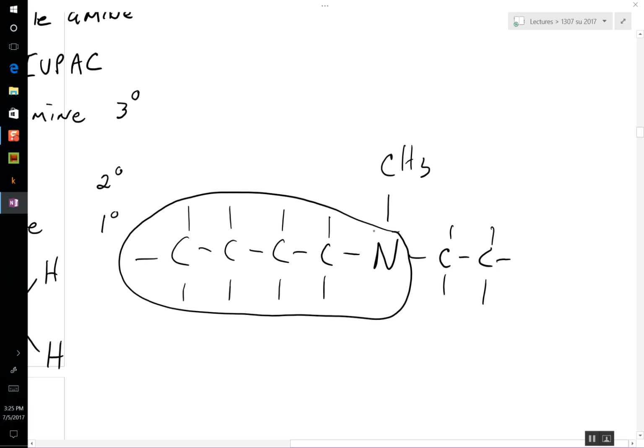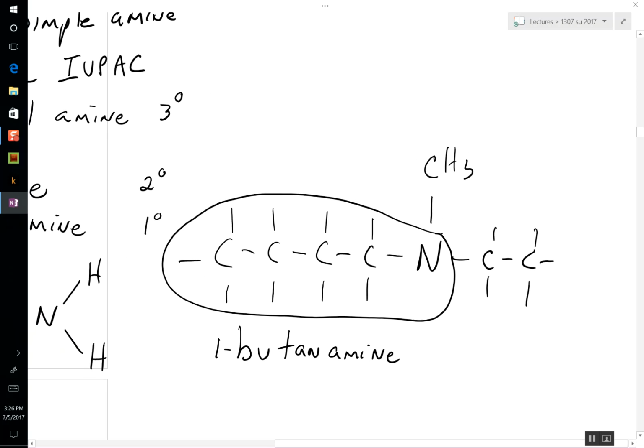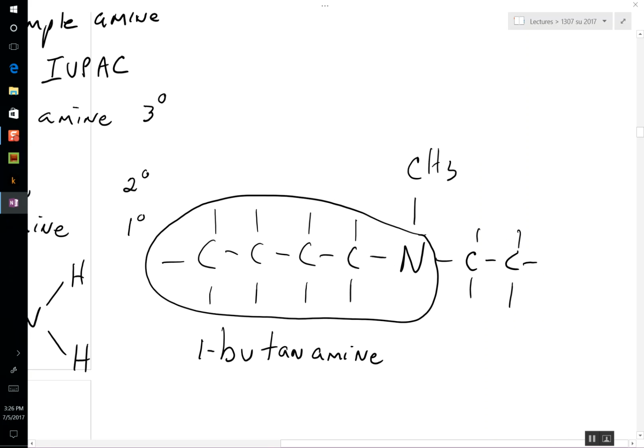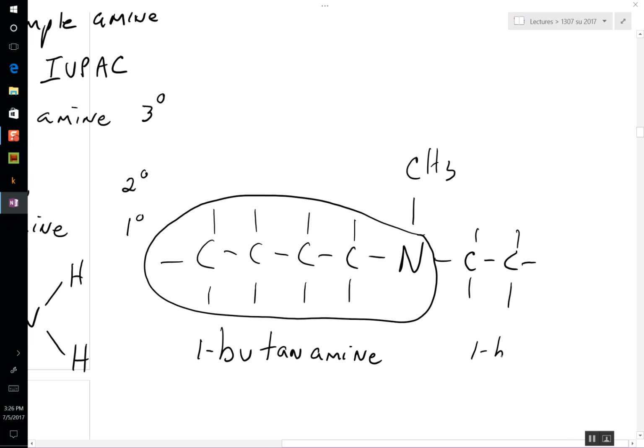Longest chain, 4 carbons, so butane is going to become butanamine. We're going to take off the E. And the N is on what carbon on the butanamine? On the first one. And so, I wish I had moved that over there a little further. So we got 1-butanamine.